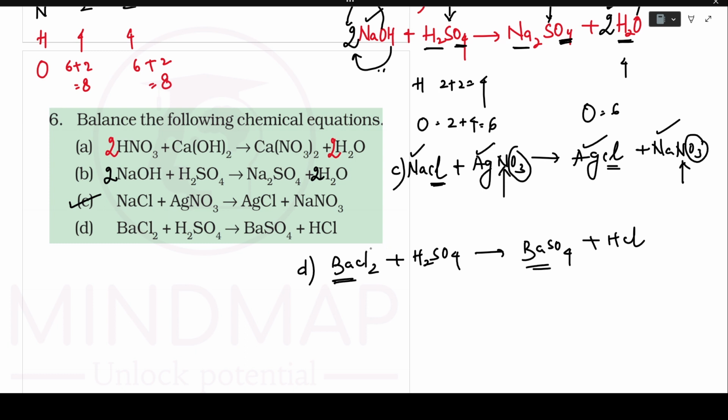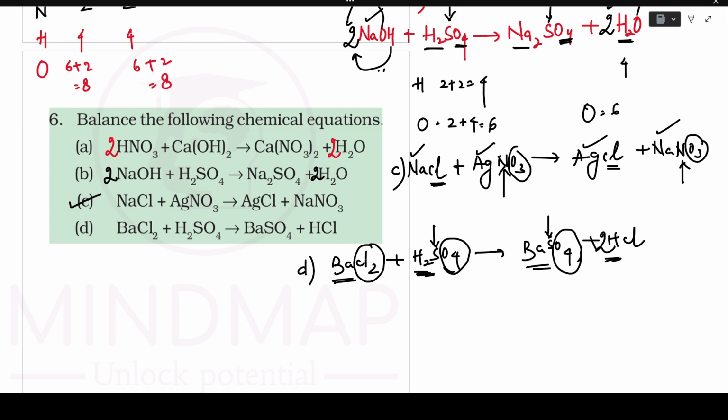Then chlorine 2 here, chlorine 1 here. So write here 2. Chlorine is done, 2 and 2. Okay. Sulfur here is 1, sulfur here is 1. Hydrogen here is 2, hydrogen just now we wrote 2, so 2 and 2. Oxygen here is 4, whereas here also oxygen is 4.